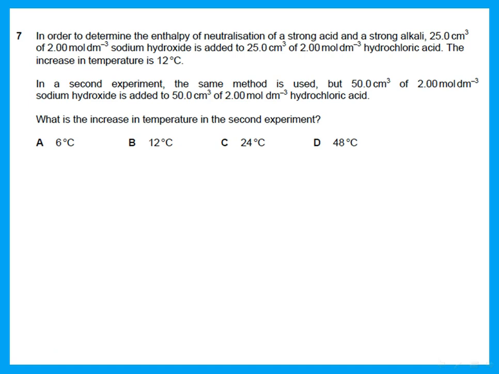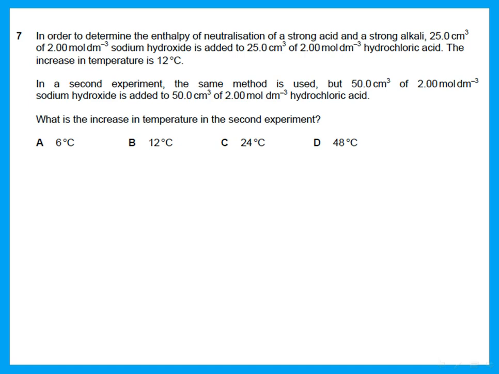Now, in a second experiment, the same method is used, but 50 cm³ of 2 mol/dm³ sodium hydroxide is added to 50 cm³ of 2 mol/dm³ hydrochloric acid. So in this second experiment, he is doubling the volume of each. What is the increase in temperature in the second experiment?